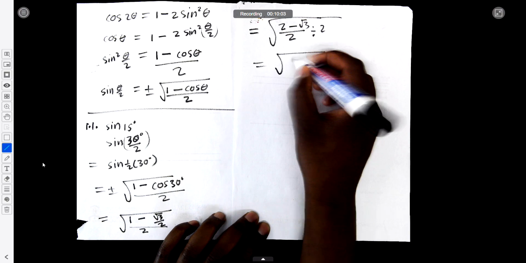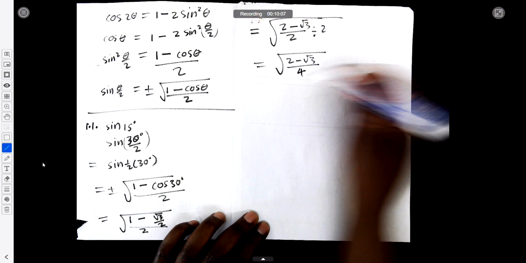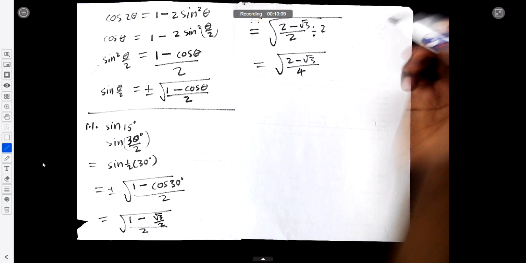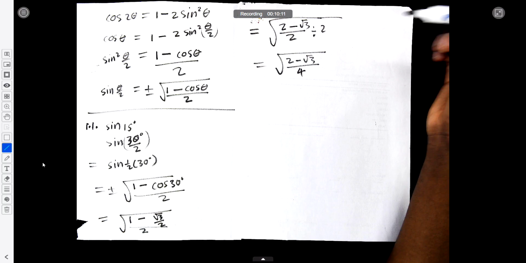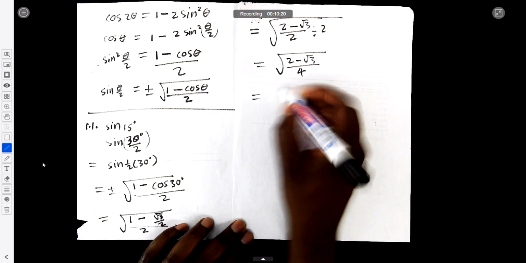So I have 2 minus root 3 over 4, because the 2 goes to the denominator and multiplies with the other 2. So we get 4. We didn't use the calculator to get the answer directly.